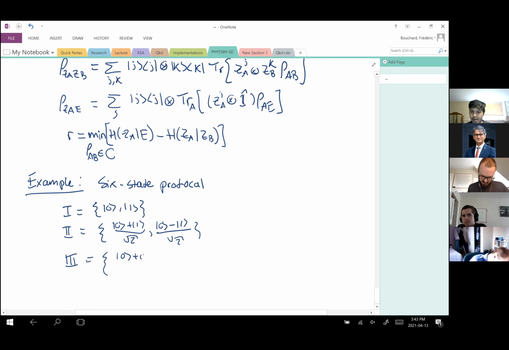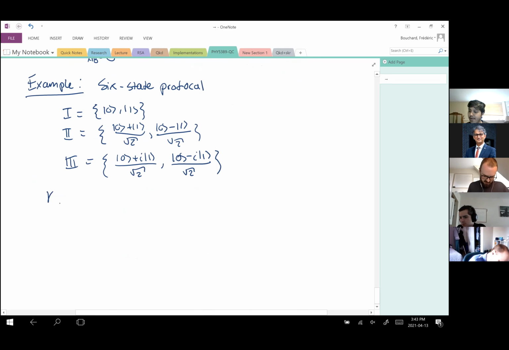The important thing is that if Alice and Bob don't pick the same basis, they're going to get completely random results, so you need the bases to align.